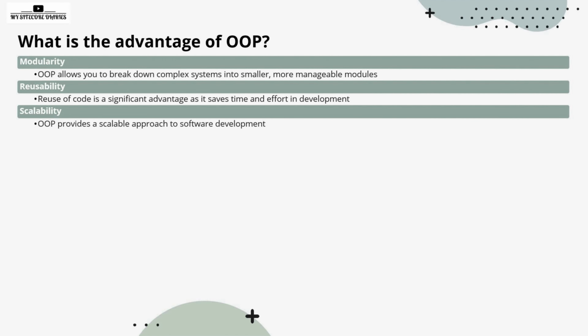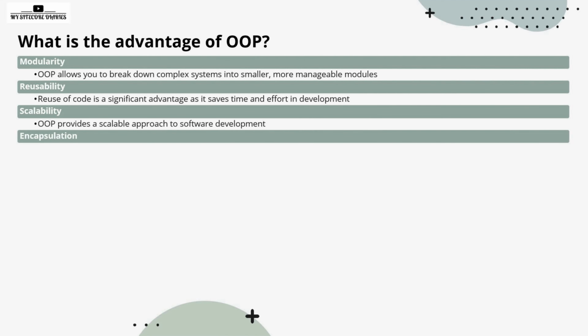Scalability: object-oriented programming provides a scalable approach to software development. Encapsulation enhances security and reduces unintended interference.